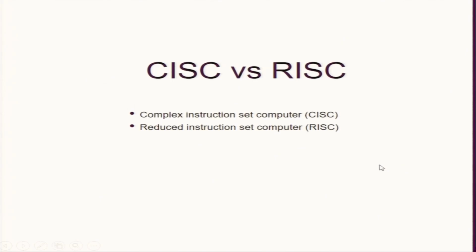This is basically how you do the operations. I want to add, or I want to do some operation like fast Fourier transform. Let's look at CISC first. First thing that came was CISC.